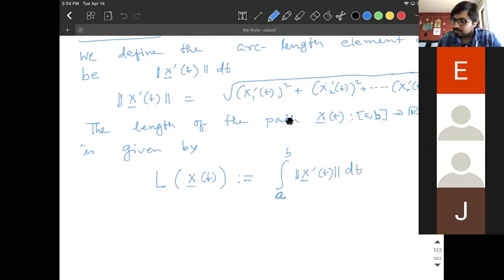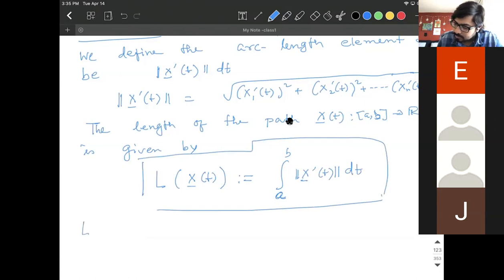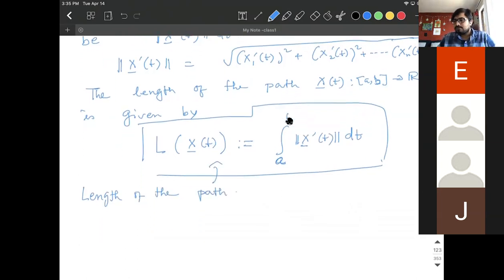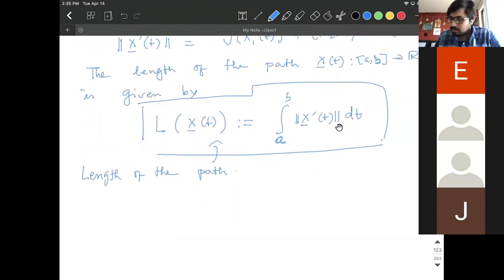So this will give you the length. So this is the length of the curve, so length of the path. Okay, so this is the first type of integral that we'll consider.